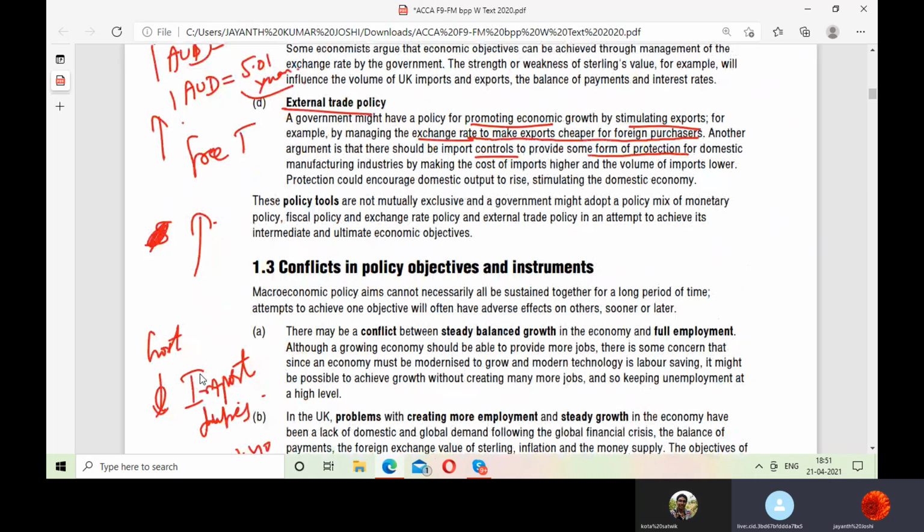So that is what I'm saying. If we want to protect our domestic manufacturing industry, we need to increase the import duties. That would make foreign purchases costlier and people will get diverted towards Indian goods, correct? So India can do that also.